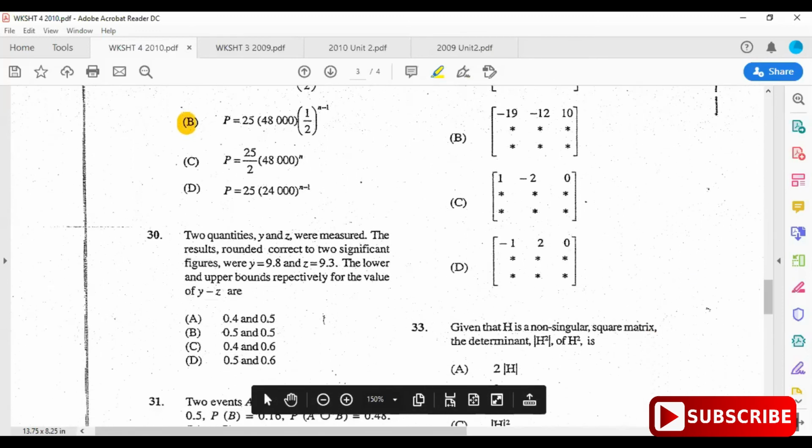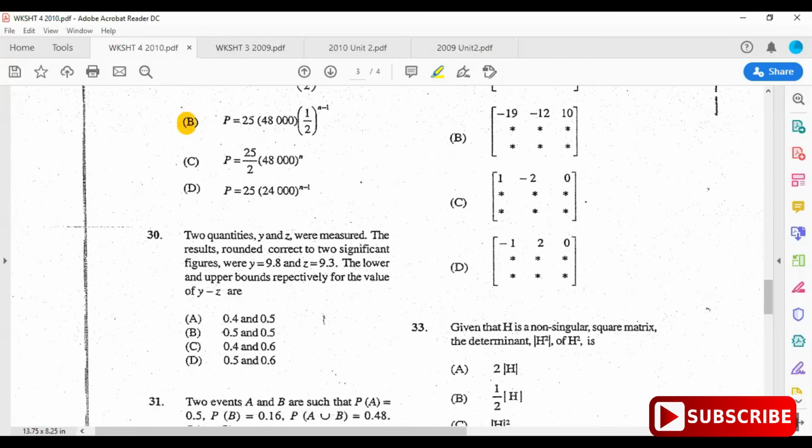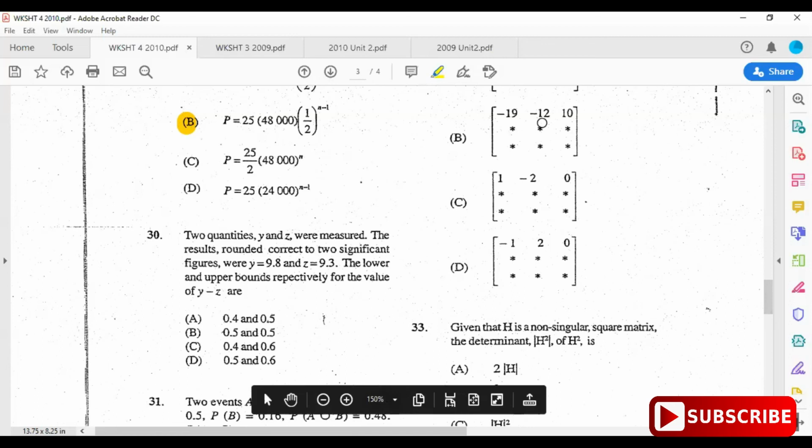Okay. Number 30. It says two quantities, y and z, are measured. Results rounded correct to two significant figures are 9.8 and 9.3, the lower and upper bound respectively. Now before we do this question to find lower and upper bound, I want to show you something.